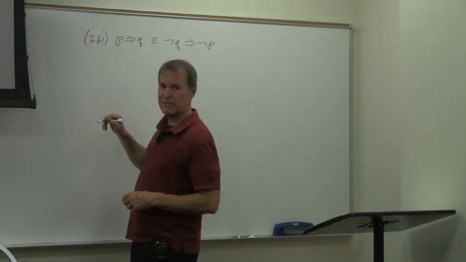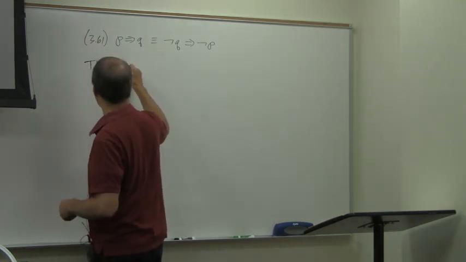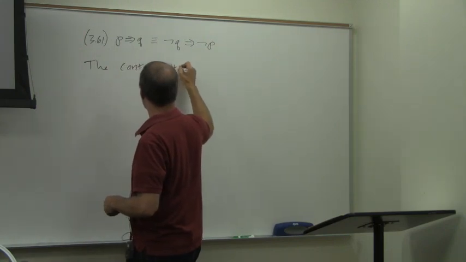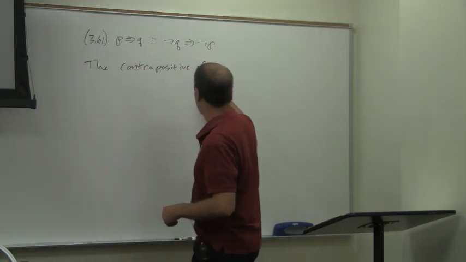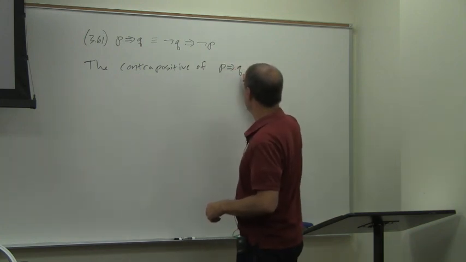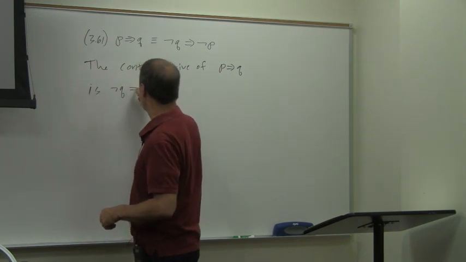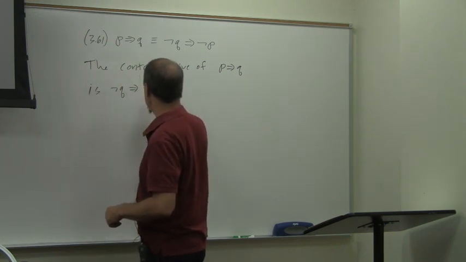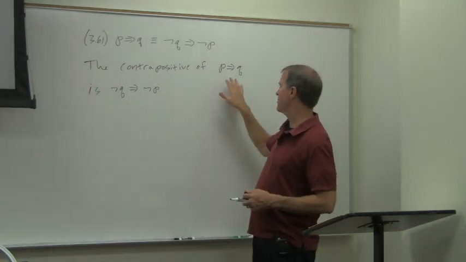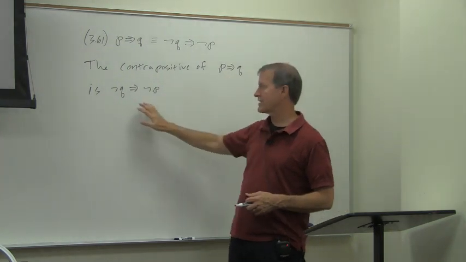And so here's some terminology. The contrapositive of P implies Q is not Q implies not P. This is what we mean by the contrapositive of P implies Q. The contrapositive of this is this.